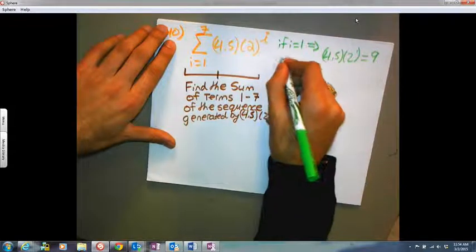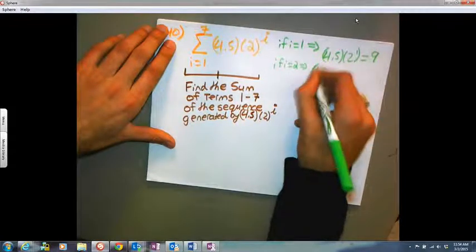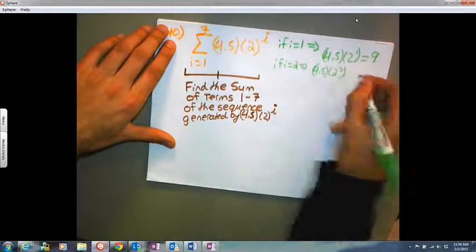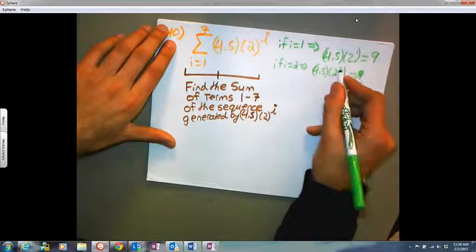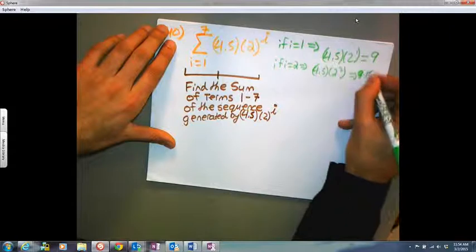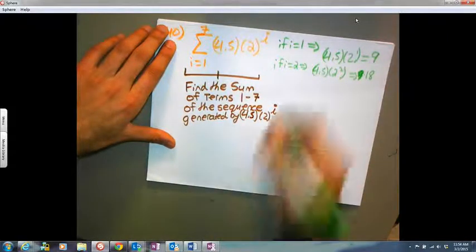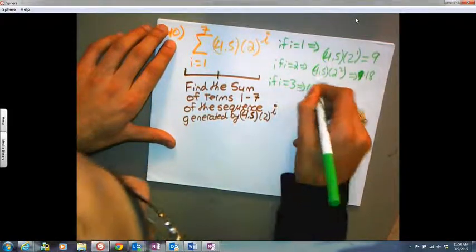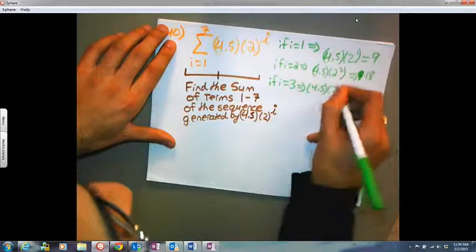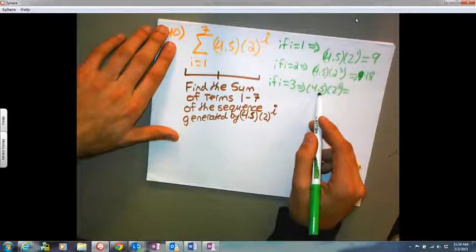If i is 2, we have 4.5 times 2 squared, which equals 4.5 times 4, 18. If i equals 3, we have 4.5 times 2 cubed, which is 8 times 4.5, 36.